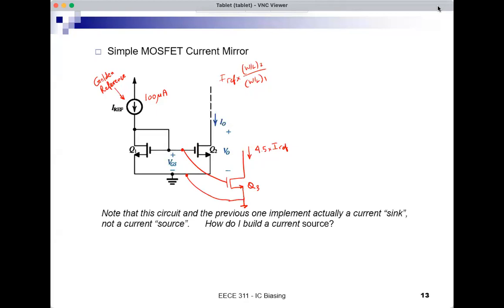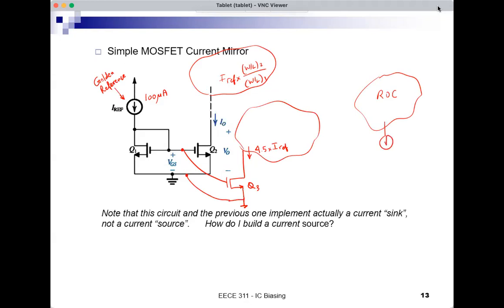But if you consider the rest of the circuit, this is connected to some part of the circuit. This is connected to maybe another part of the circuit. If you consider these rest of circuit blocks, what they feel is that the current is being sunk.